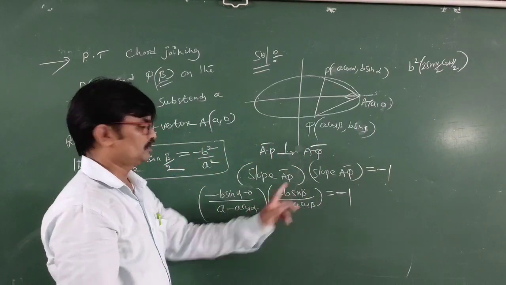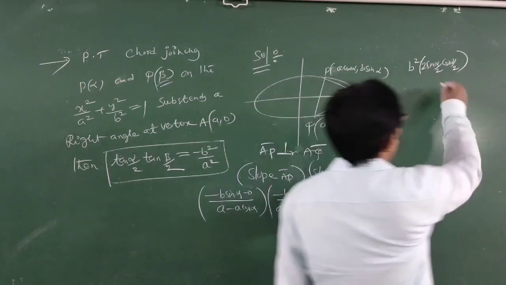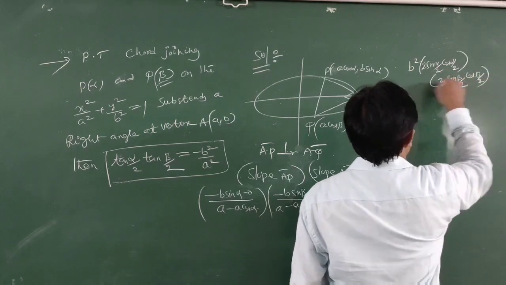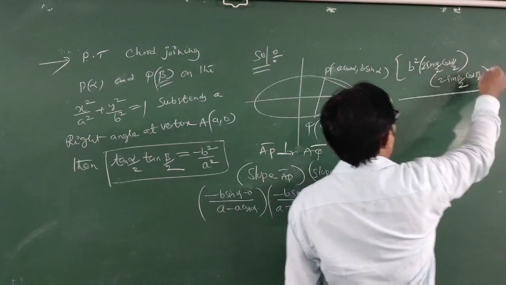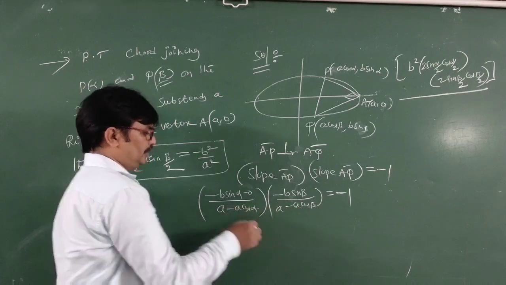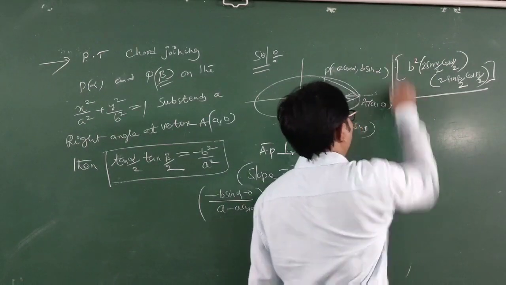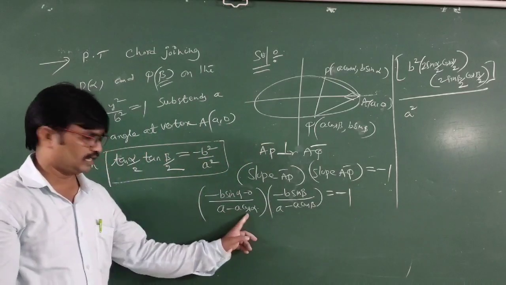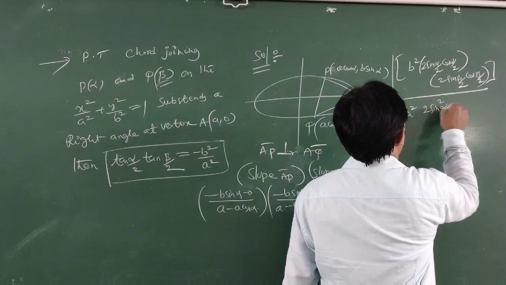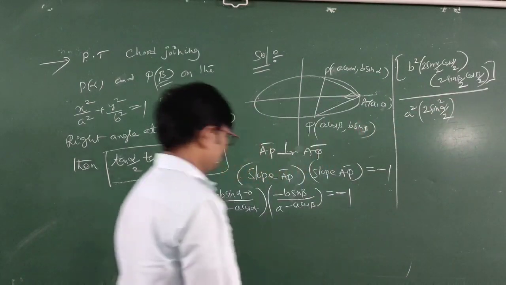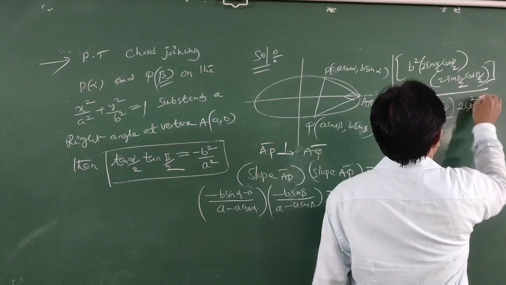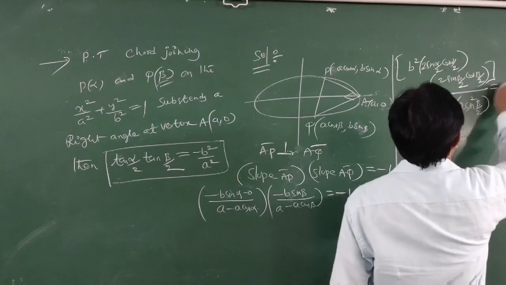After that, b square, sin beta is 2 sin beta by 2 into cos beta by 2, upon a into a, a square is common. 1 minus cos alpha is 2 sin square alpha by 2, and 1 minus cos beta is 2 sin square beta by 2.